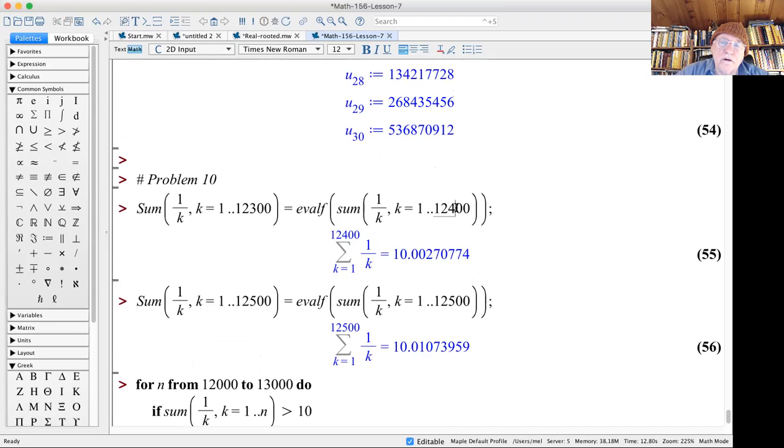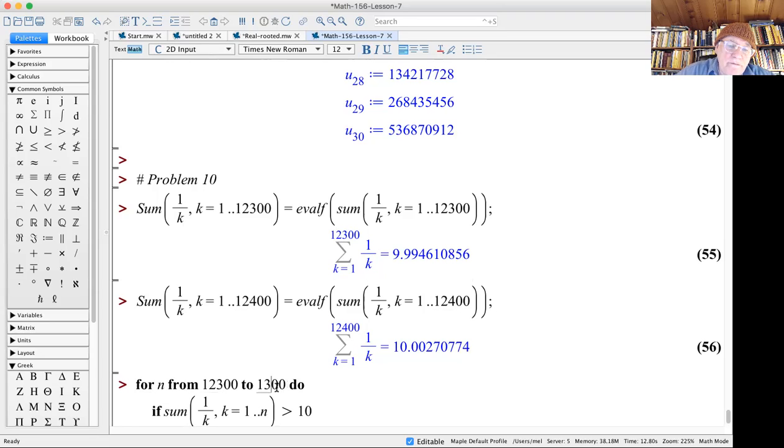I want to get an interval of just about 100 to look at. So here, this says that if I go up to 12,300 is too small, up to 12,400 too big.